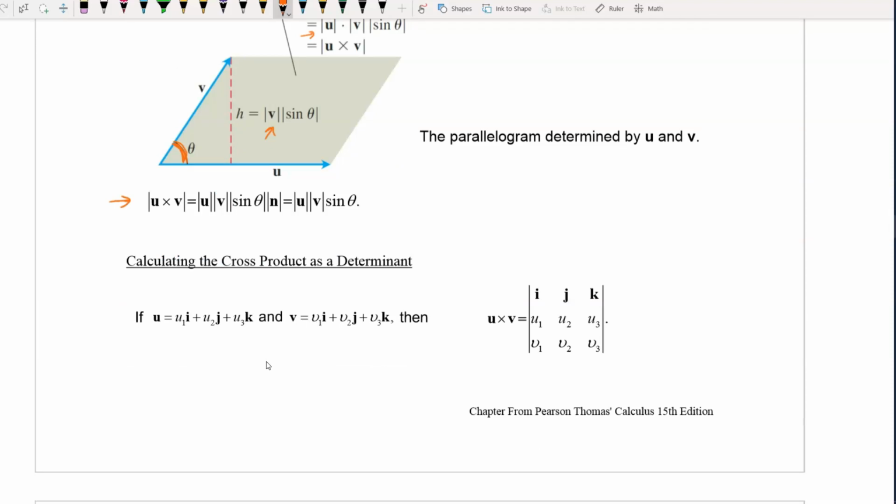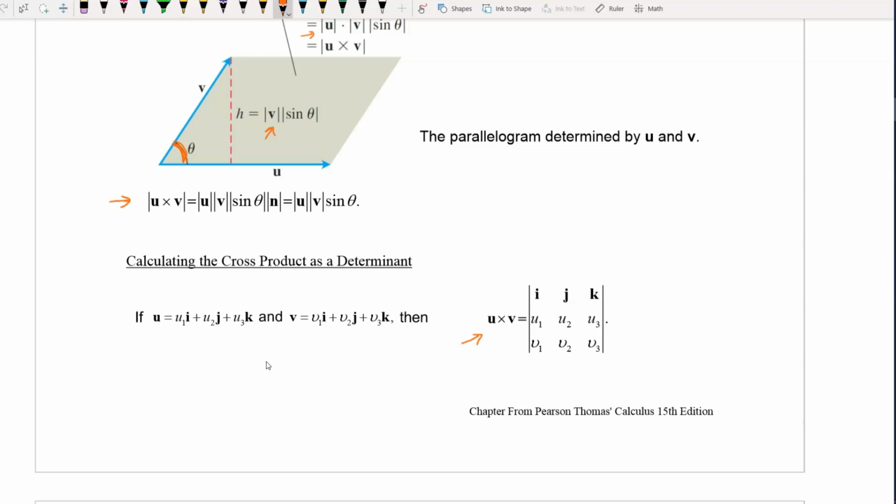Now on this part we have the cross product as a determinant. Here we have u equal to u1 i plus u2 j plus u3 k, and for vector v we have v1 i plus v2 j plus v3 k. Then u cross v is equal to the determinant with i, j, k in the first row.